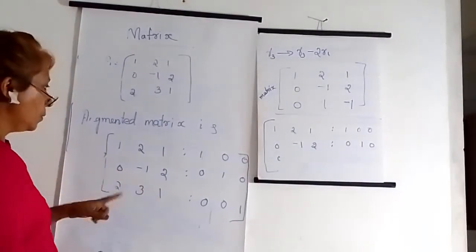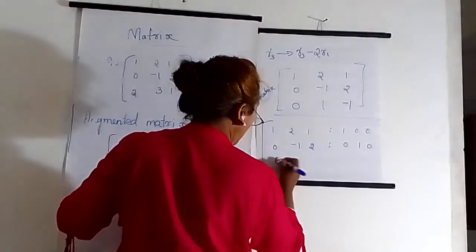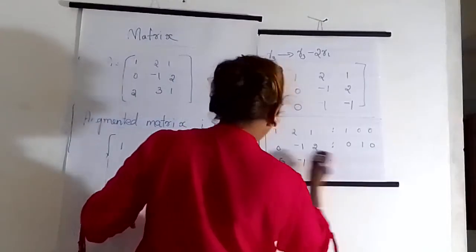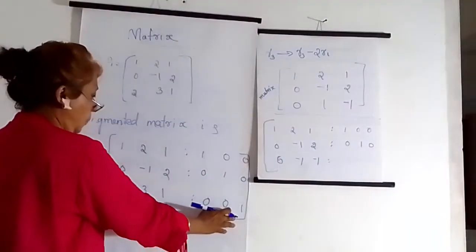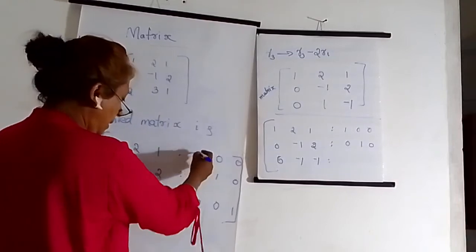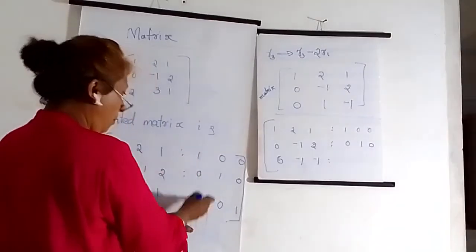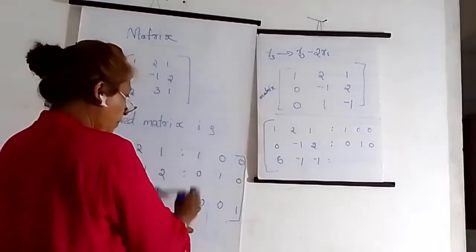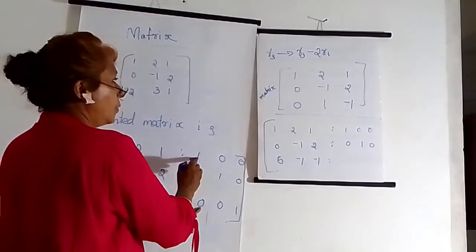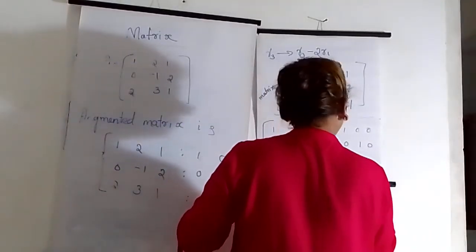This 2 is changed to 0, this is negative 1, this is negative 1. The same process should be done to the other side also. The corresponding member for this 0 is 1. So R3 minus 2R1: 0 minus 2 into 1. What will be the value? Negative 2.